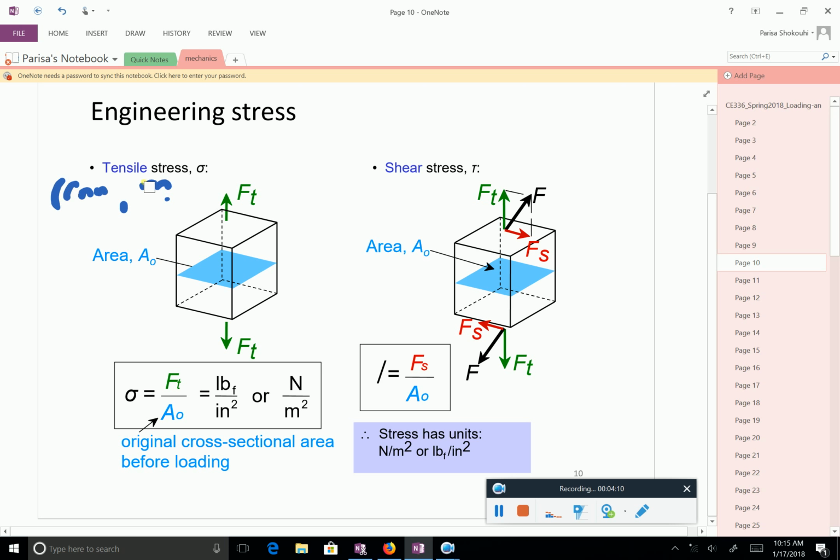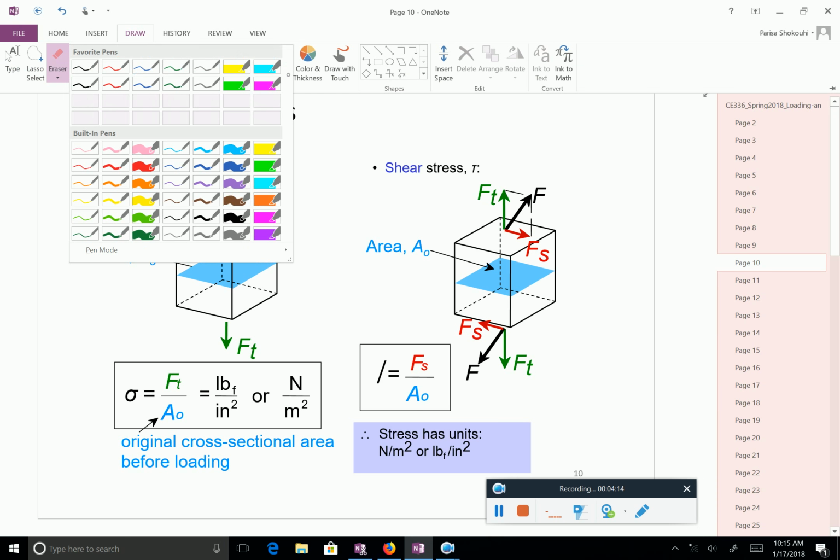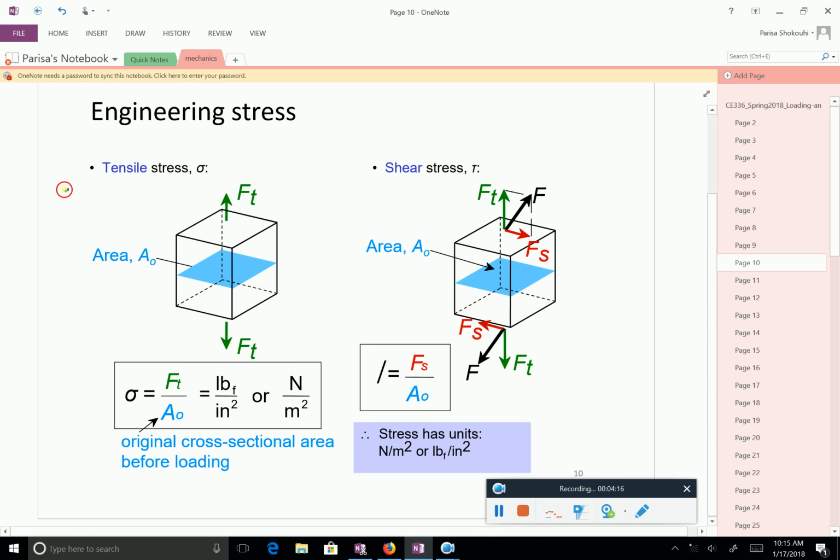Maybe it's two. Let's use a different pen. The compressive stress would also be similar. You divide force by the area that is perpendicular to the force. And the units are important.